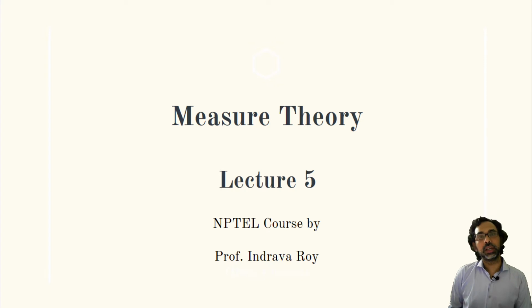Now we would like to enlarge our collection of subsets to which a notion of measure can be applied, and for this reason we will now consider more subsets of Rn, bounded subsets, which can be approximated by elementary subsets, and we will see that once we have the right notion of approximations, then the new measures that we can define, these are called the inner and outer Jordan measures.